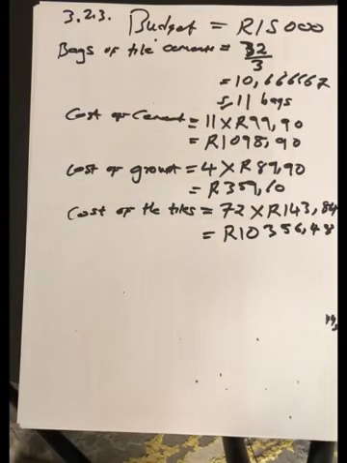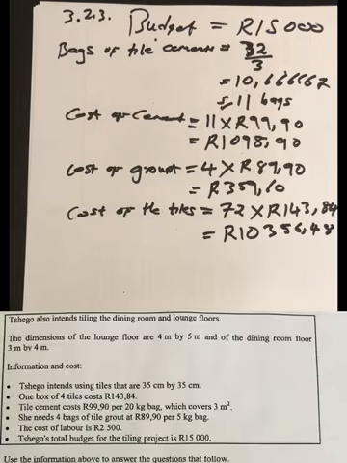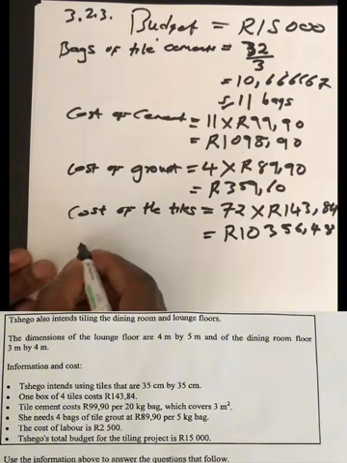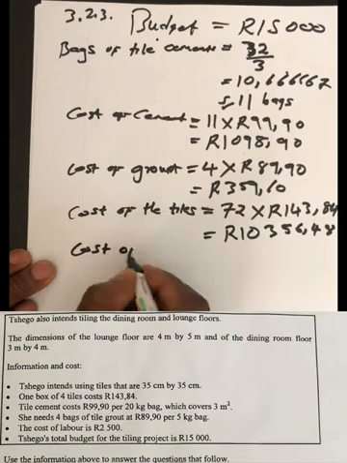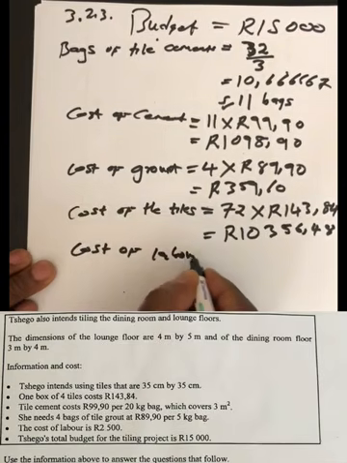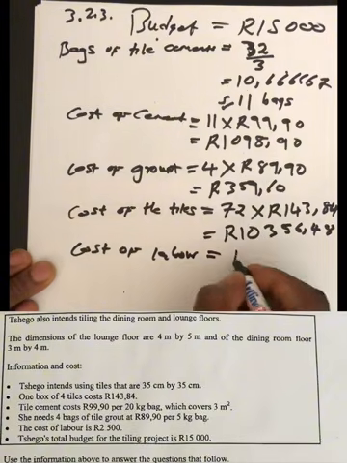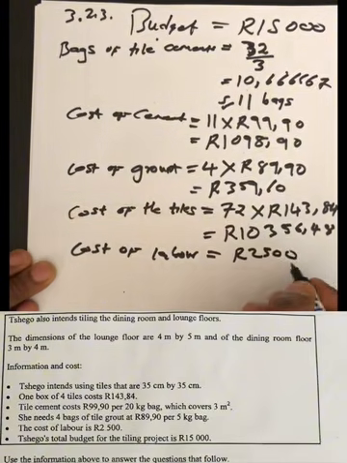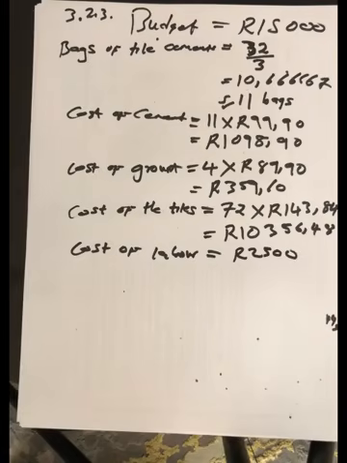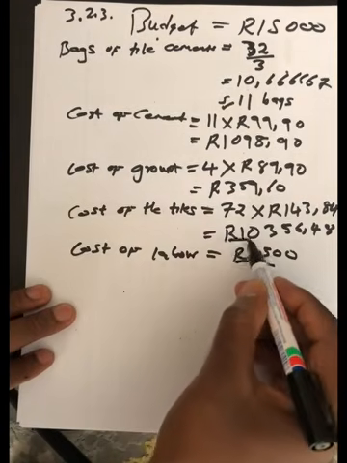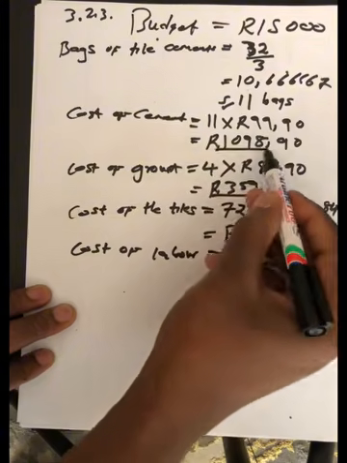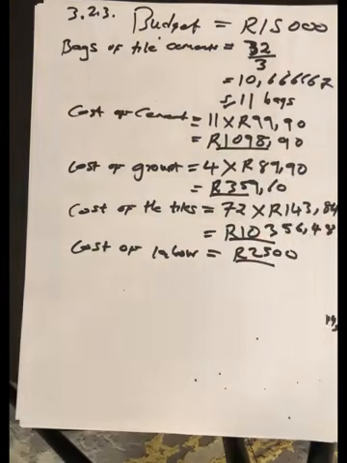And again, let's check if we have something else that we need to spend money on. Yes, we have the cost of labor. This one we don't calculate, it's already given, it's 2,500. So if you check, we have how many costs here? We're having 1, 2, 3, and 4. So we must calculate the total cost.